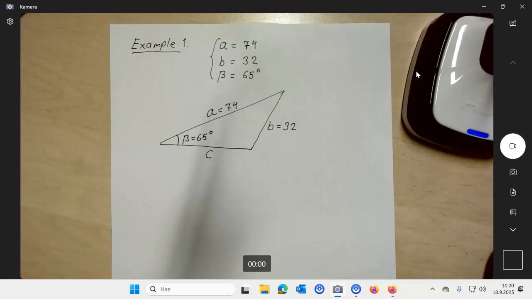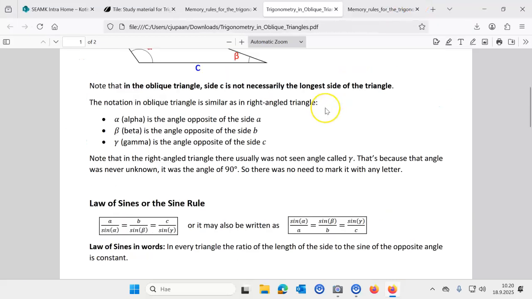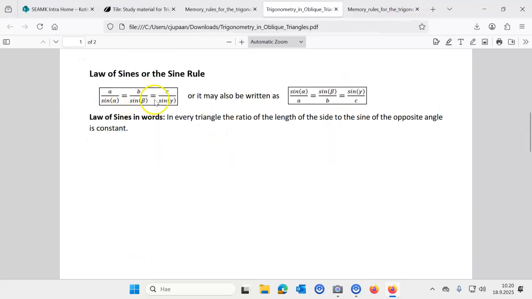Now what should we do? We have here one angle and two sides. Yes, the sine rule is one possibility. Sine rule is capable of solving parts of a triangle if we know 3 parts of the triangle, and we find one equation in which there is only one unknown.